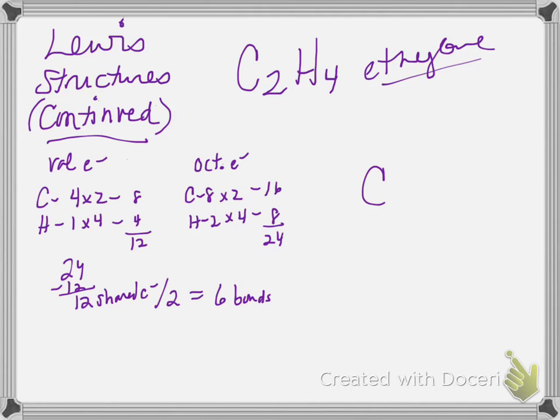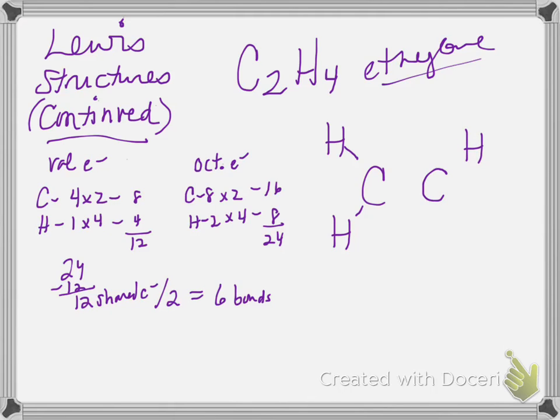So I have carbon, 6 bonds. Well, I know that hydrogen can only bond in one spot. So I know that hydrogen has to be out on the edges somewhere. So we'll hook the carbon to the hydrogen with single bonds. Like I said, carbon can only bond one time.